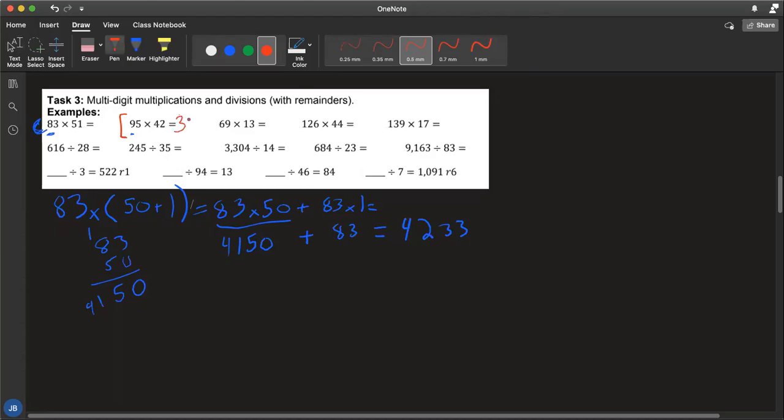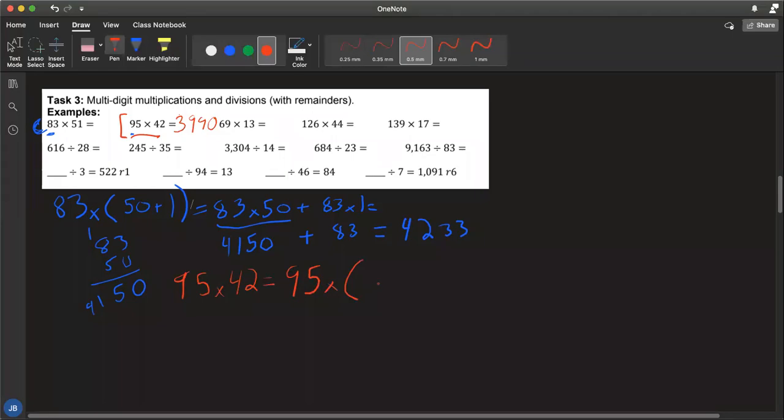No worries. 95 times 42 equals 3,990. Okay. So when we're doing the distributive property, how would you do this one? If we had 95 times 42, what would this be for the distributive property?